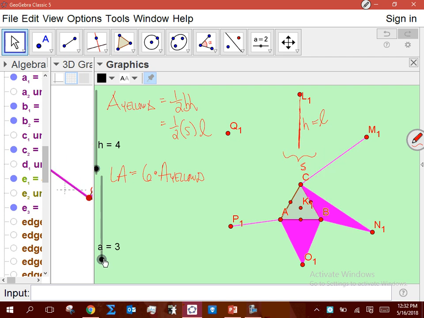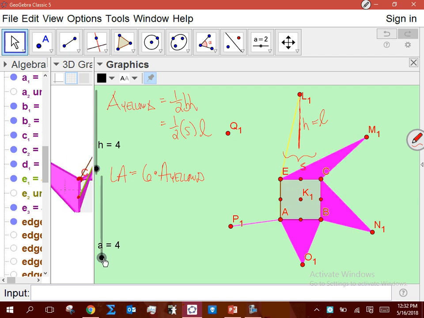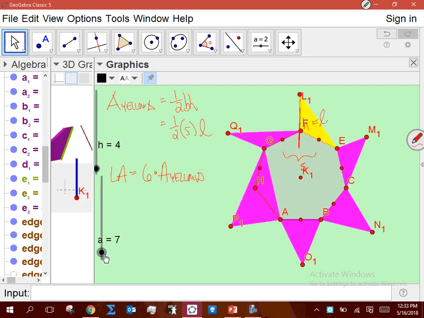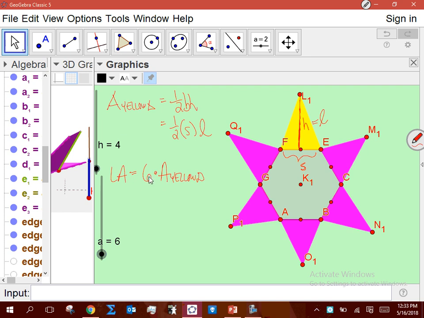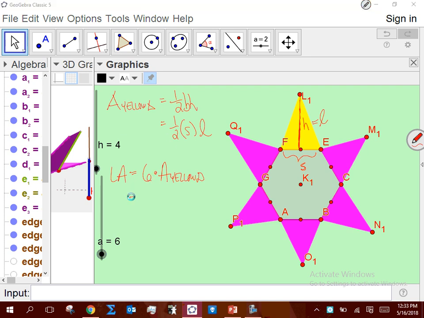If I had 4 sides, I would only have 4 triangles, okay? So this 6 on the outside is going to vary from pyramid to pyramid. Is that okay?